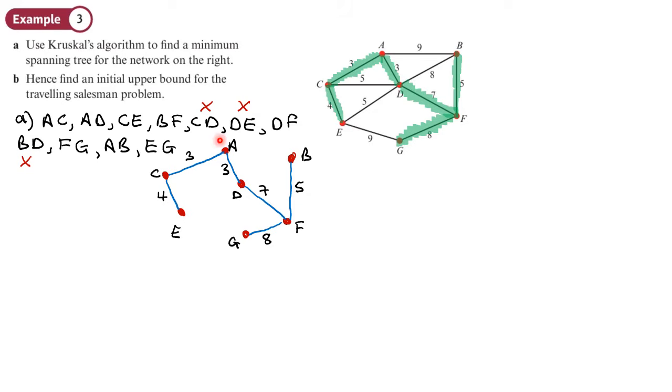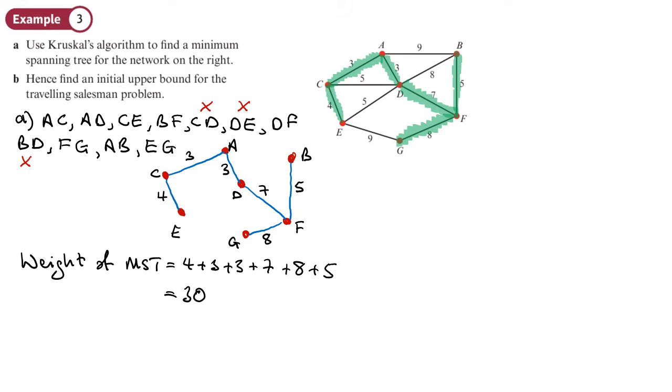Okay, so here's a drawing of that minimum spanning tree, and the weight of this minimum spanning tree is going to be 4 plus 3 plus 3 plus 7 plus 8 plus 5, and that gives 30. Okay, so if we have a look at part B, hence find an initial upper bound for the travelling salesman problem.